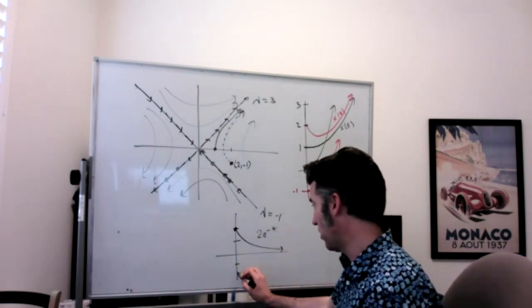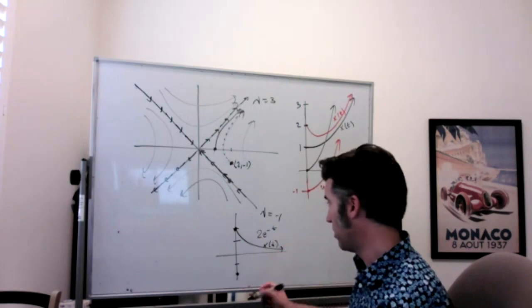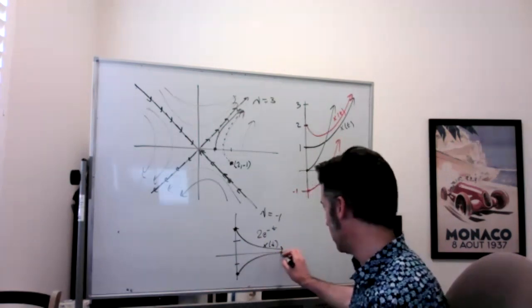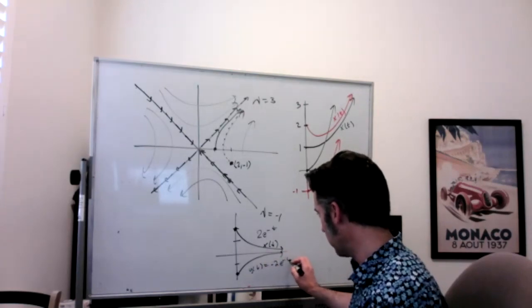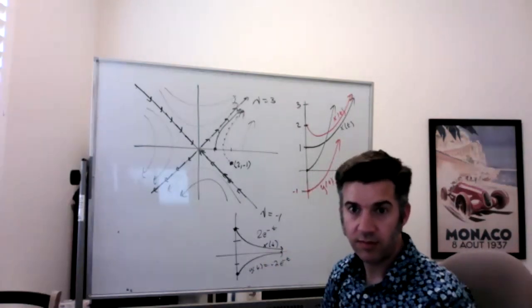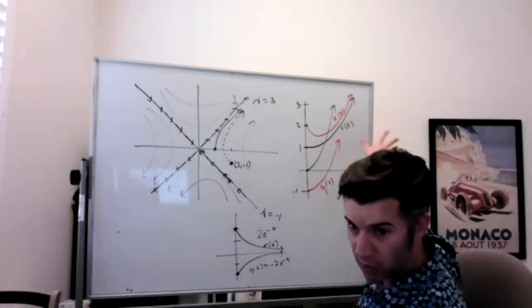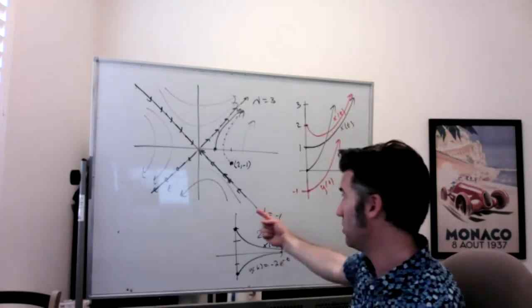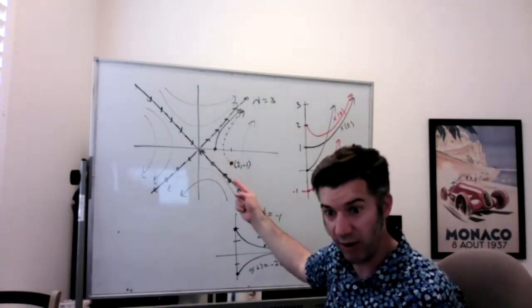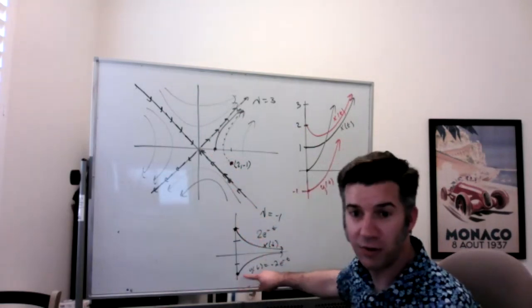And y is going to start at negative 2, and it's going to get closer and closer to 0, because y of t was negative 2e to the negative t. So usually for a saddle, everything blows up as you go to the right. But if you happen to start on the eigenline that has the negative eigenvalue, then everything's just going to get closer and closer to 0.